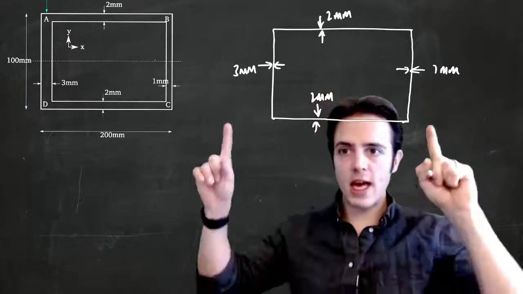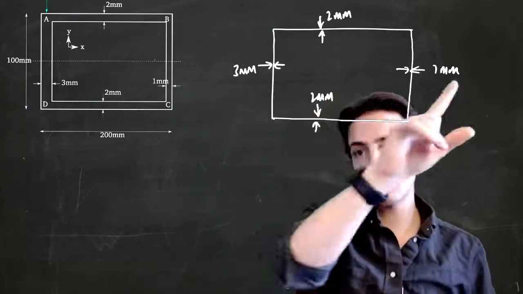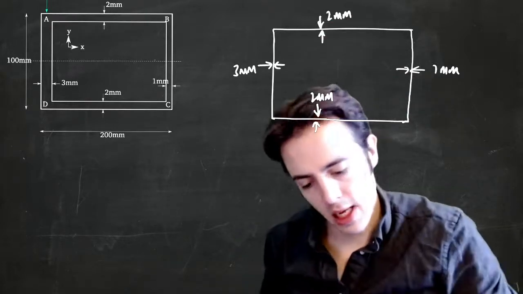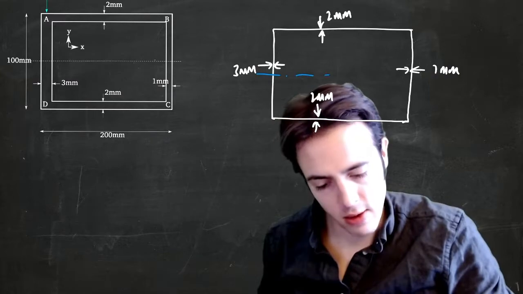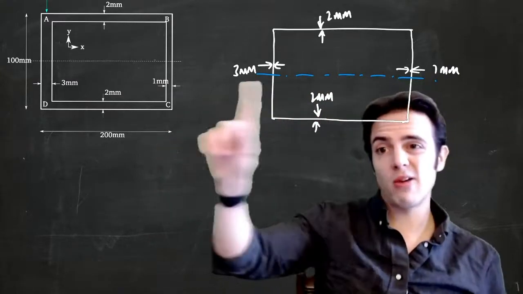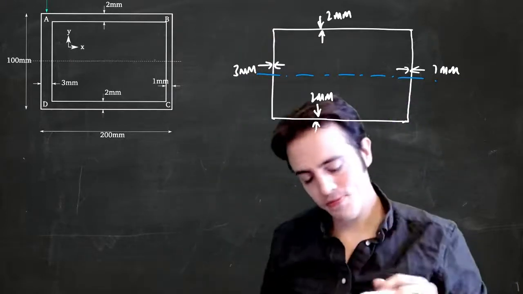Having dissimilar thicknesses here means the shear center won't be directly in the centroid, but we know the centroid will be at the vertical line of symmetry of this object.